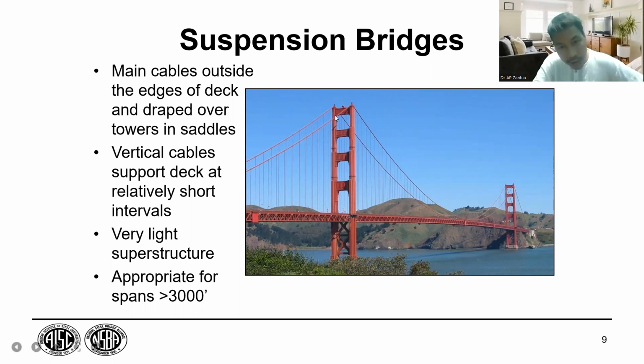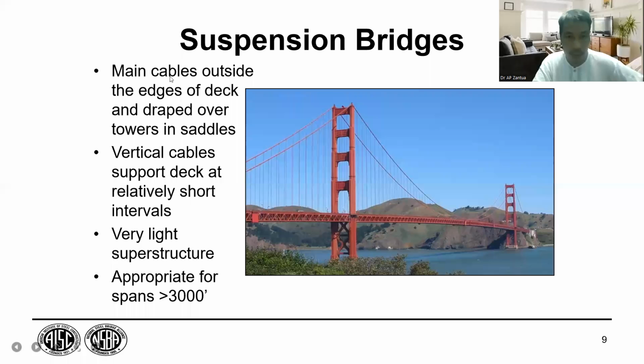This is a big main cable, and smaller cables are suspended vertically from that main cable. That's why it's called a suspension bridge. There are only two towers that support the suspension cable, and the suspension cable has tie cables.